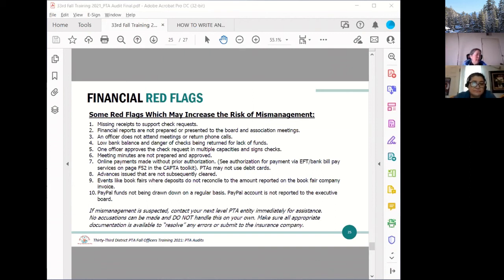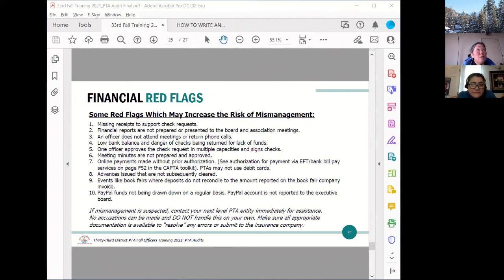The last couple of pages of the handout have some things you should pay attention to if they happen. They should alert your spidey senses. If you have any questions about any of these, please throw them up in the chat.